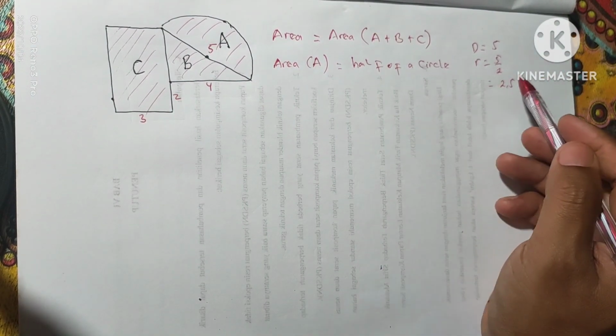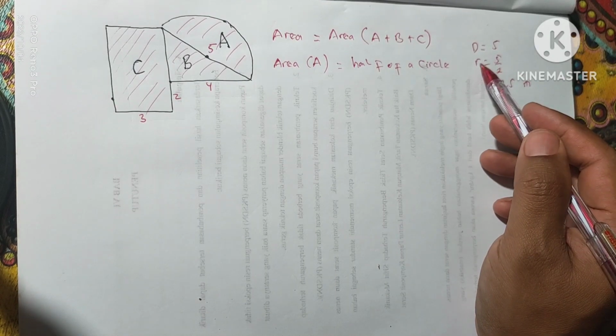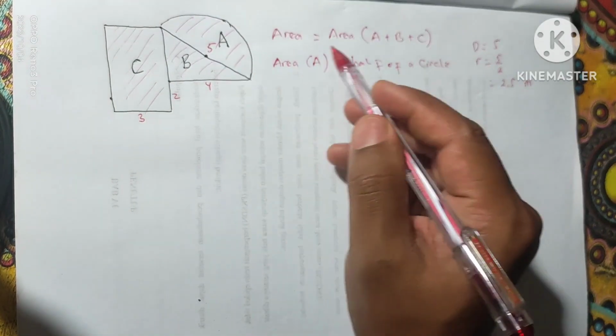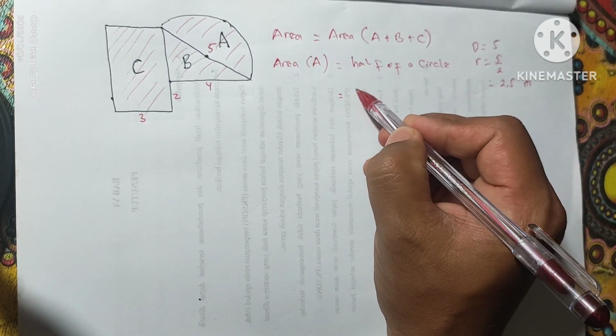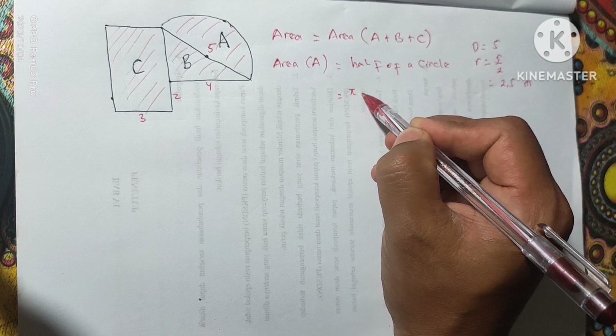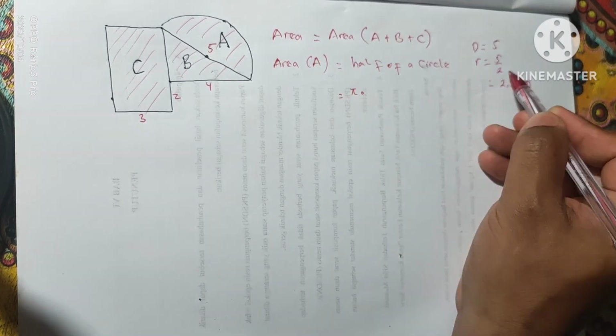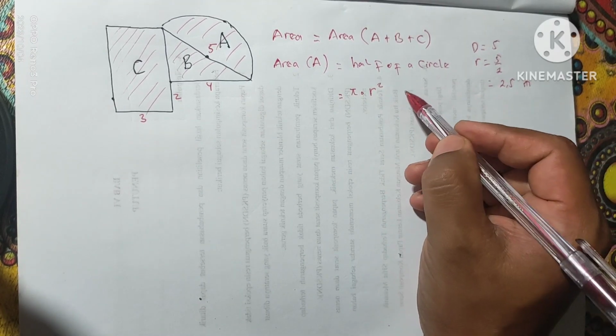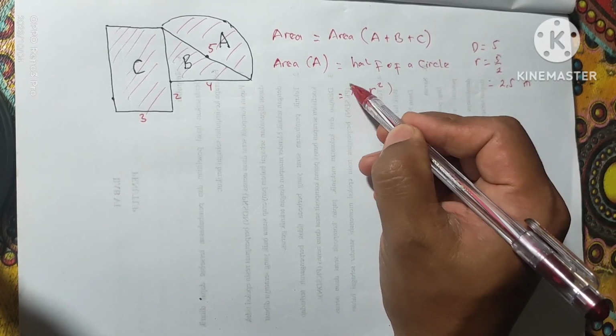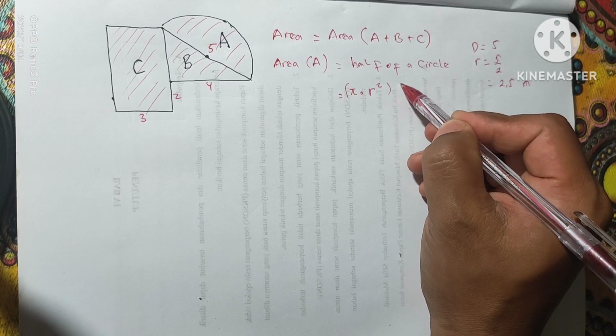So after we know the radius, we know that the area of A will be pi times the square of the radius times half, right?